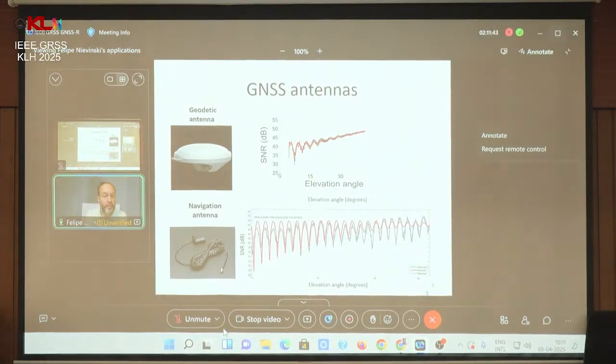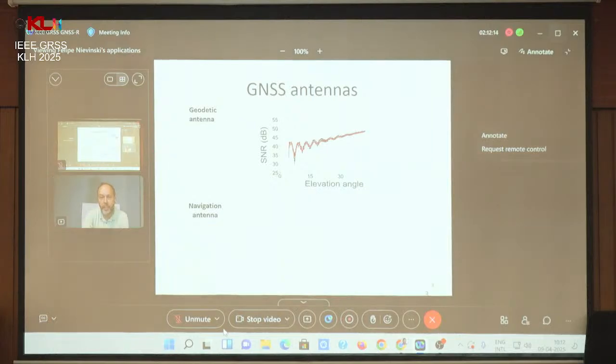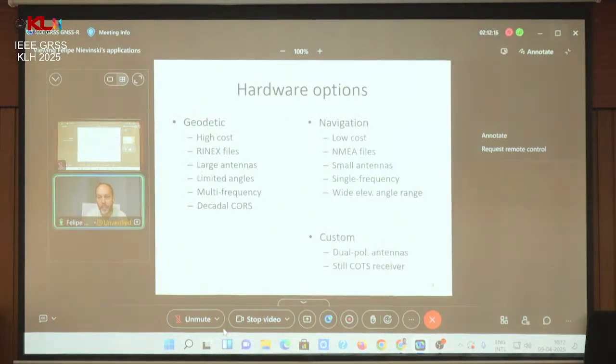So there's a trade-off there. But since you're not sharing this equipment with anyone else, you can use the navigation antenna to do remote sensing of the natural environment much more efficiently than with the geodetic antenna and at a fraction of the cost.